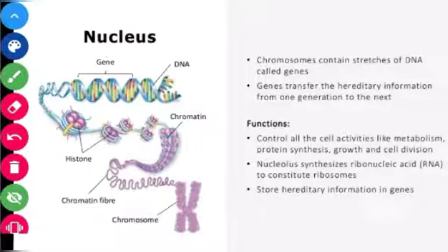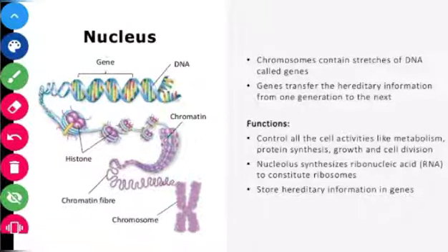Metabolism is nothing but the systems present inside our body, like the cardiac system, excretory system, digestive system, immune system, and nervous system. In this way it activates metabolism and the movement system. Next, it helps in protein synthesis with the help of the endoplasmic reticulum. It also helps in growth and cell division, that is mitosis and meiosis.